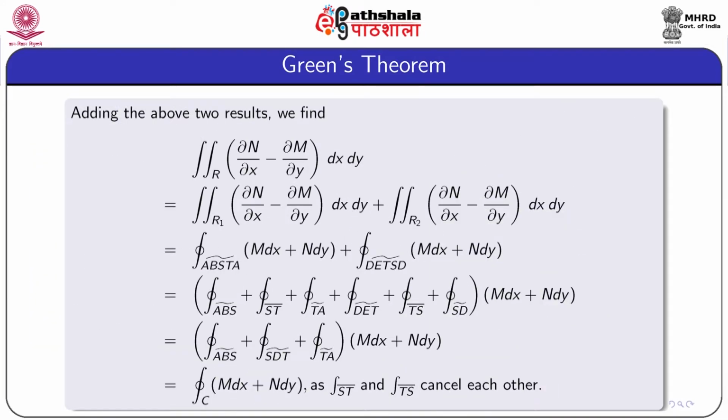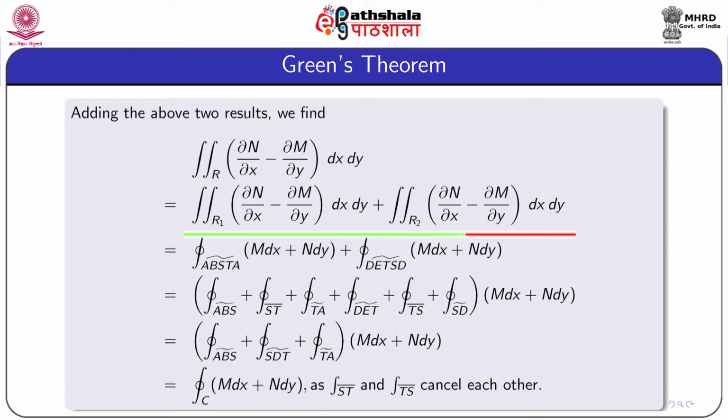We add the two results and find the double integral over R of (del n/del x minus del m/del y) dx dy equals, the integrand remains the same, the double integral over R1 plus the double integral over R2.